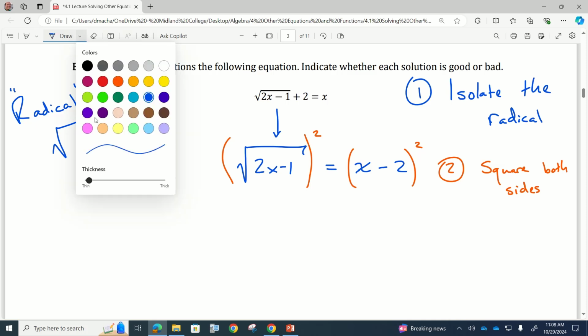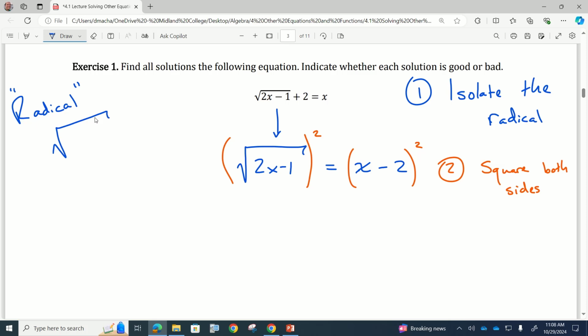And on the left side, I just get the radicand, which is 2x minus 1. And on the right side, you have to think about foiling this, or maybe you draw a box like we've done earlier in the semester. And x minus 2 times x minus 2 will give you x squared minus 4x plus 4.